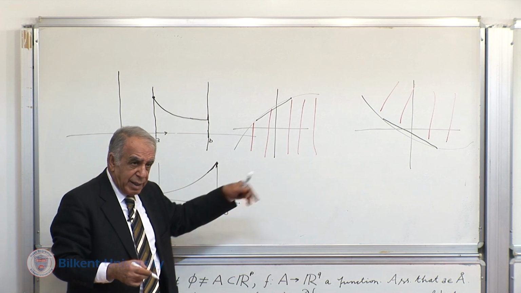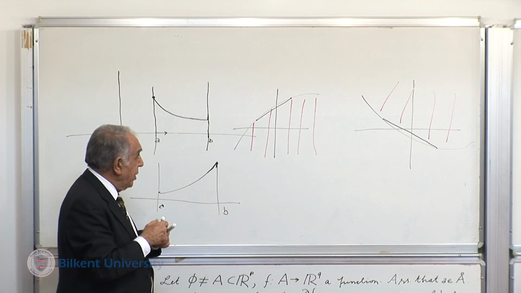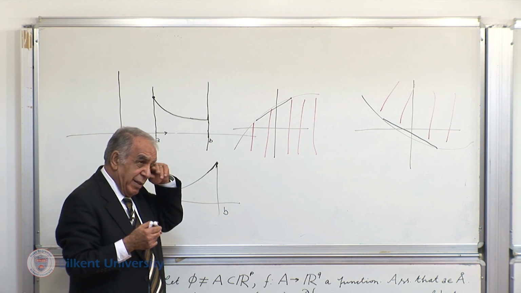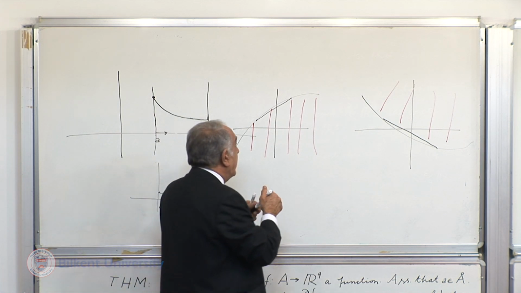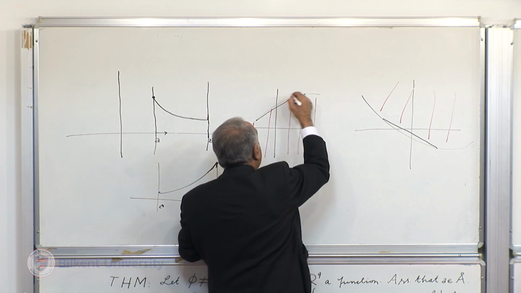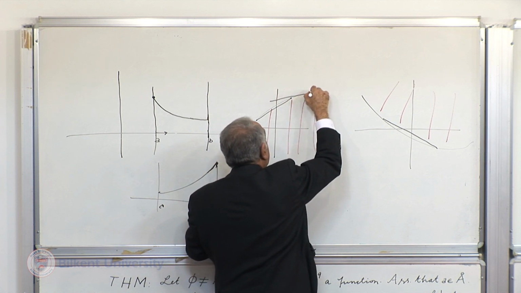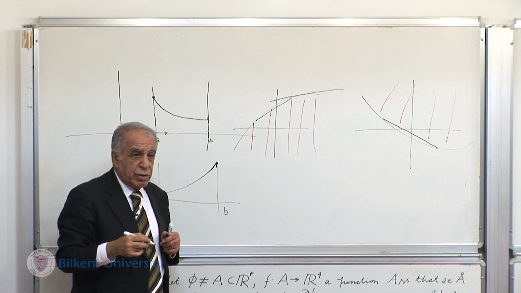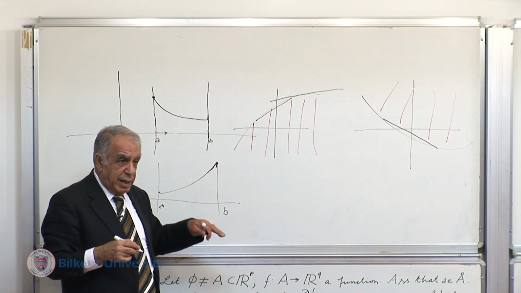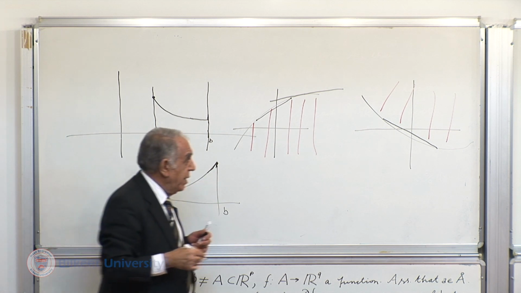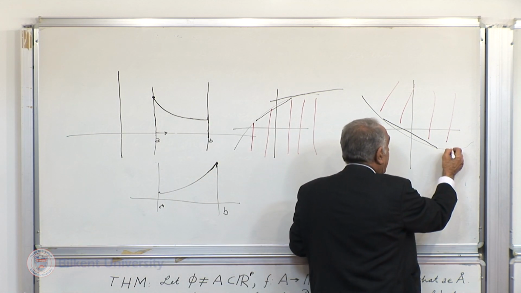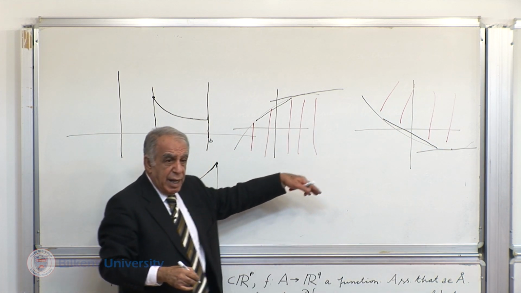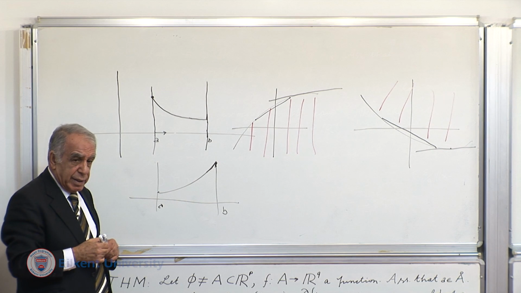So that's the second. The third one requires differentiability: you take any point here and form the tangent line. The tangent line should stay entirely above the graph, while here, if it's differentiable at the point, the tangent line will stay below the graph all the time.